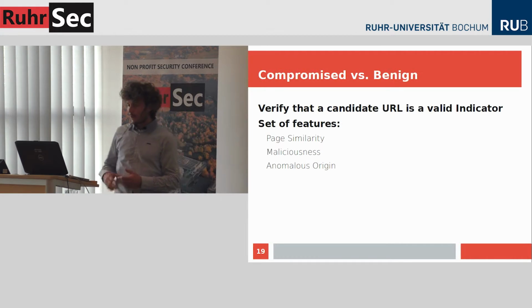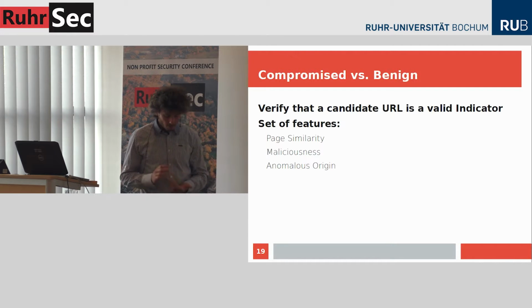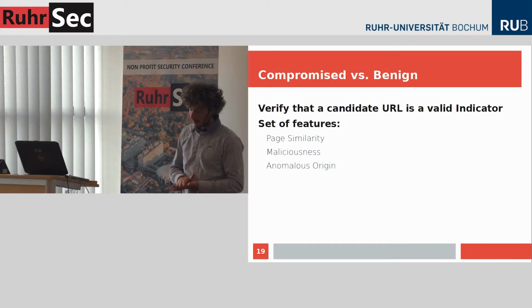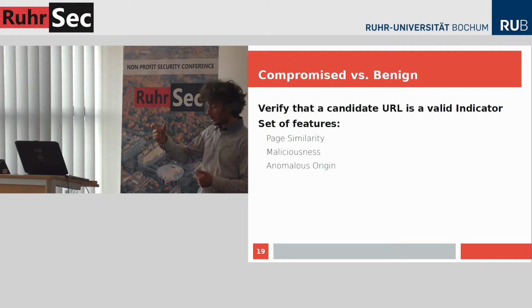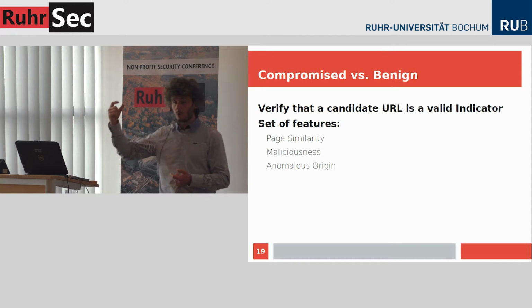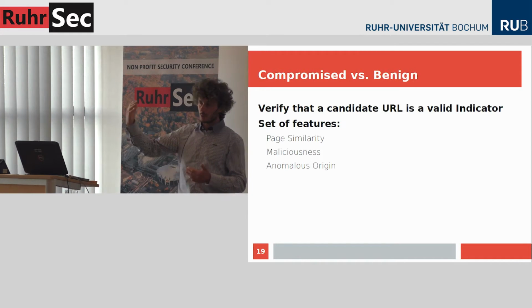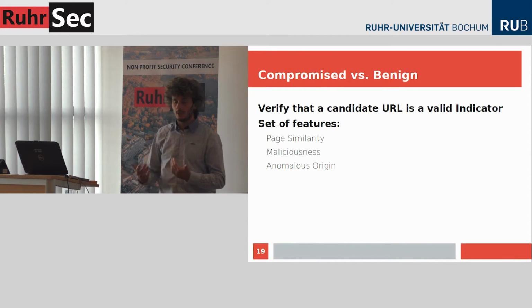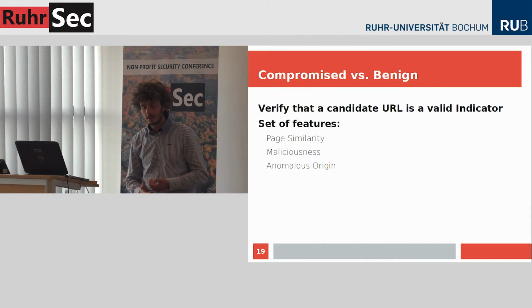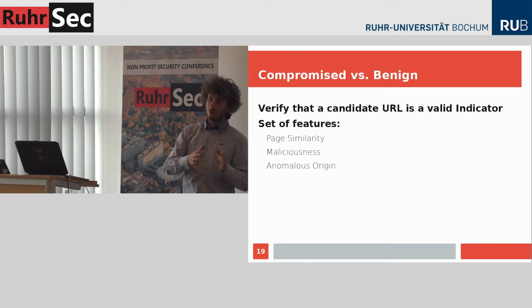We then look at whether there is an anomalous origin. What does it mean? It means that we often find that attackers, instead of using the JavaScript, for example jQuery, from the URL of the official jQuery domain, take the jQuery source code, download it, and upload it somewhere else, usually on a web server that they compromised in Russia or Ukraine, and they host their code there.